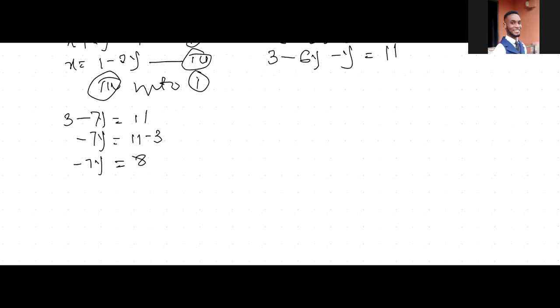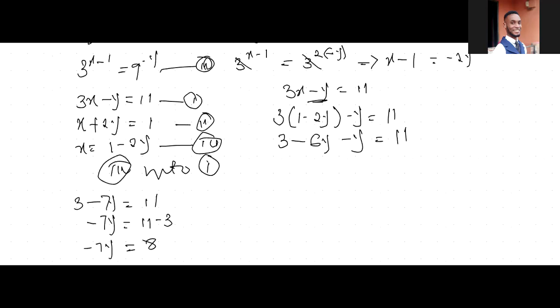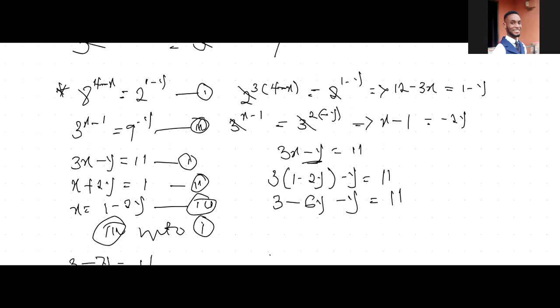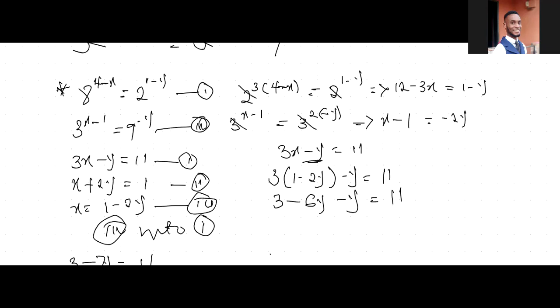Okay, let's see if there are no mistakes. So let's continue. Then our y will be obtained by dividing both sides by minus 7. That's going to be 8 divided by minus 7.